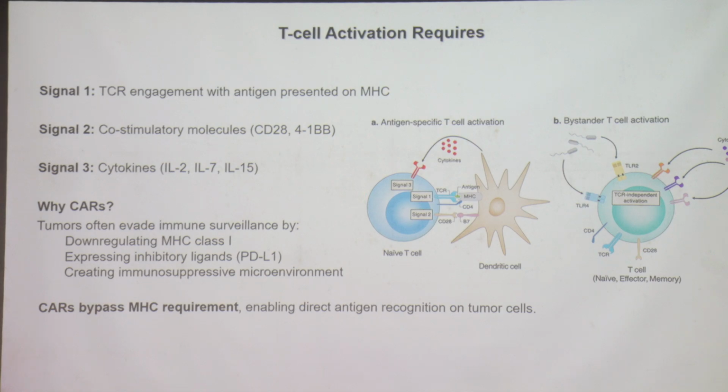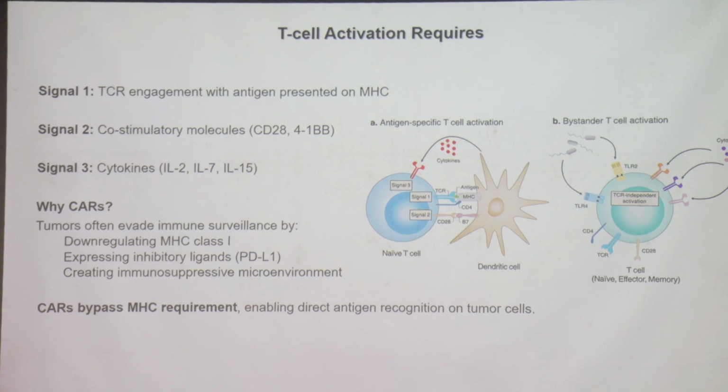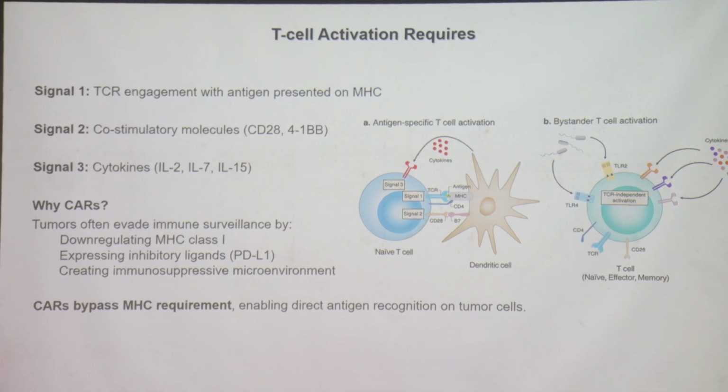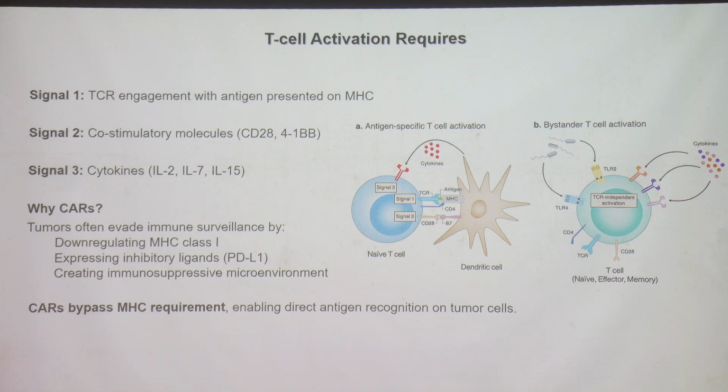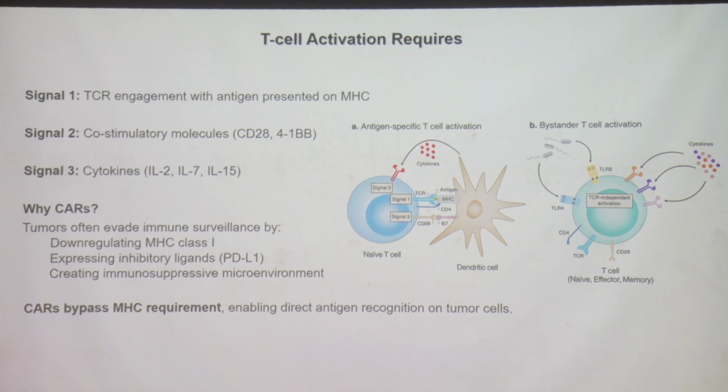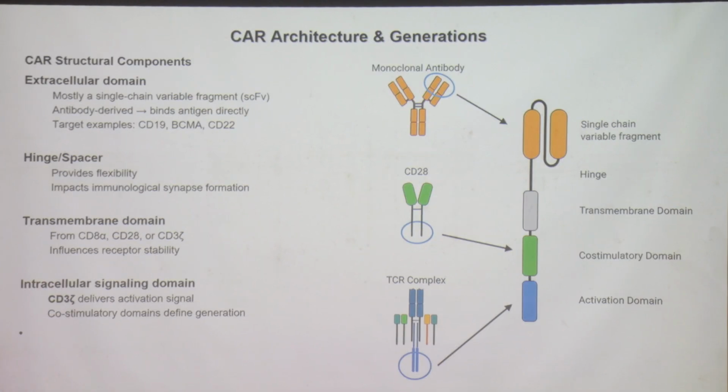This is signal 3, which also will be recognized by T cells to get activated. So there is a 3-tier activation, okay. And when they release the cytokines, the bystander T cells will also get activated. So there is a quick way of activating many T cells, and everybody does not have to lock horns with APC cells, okay.